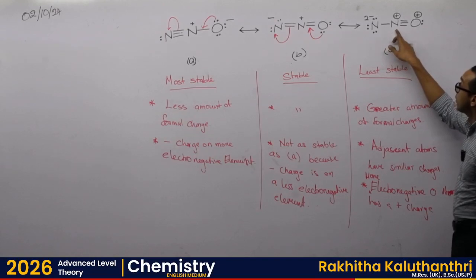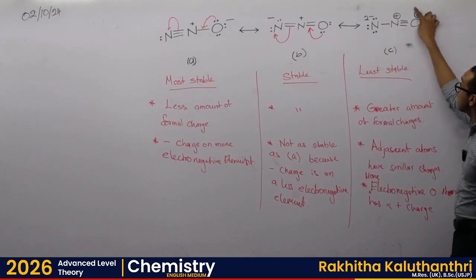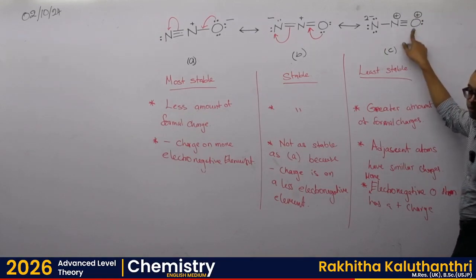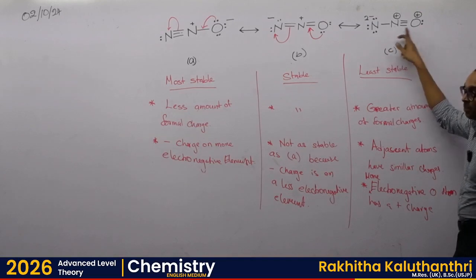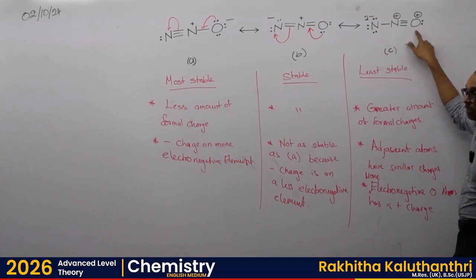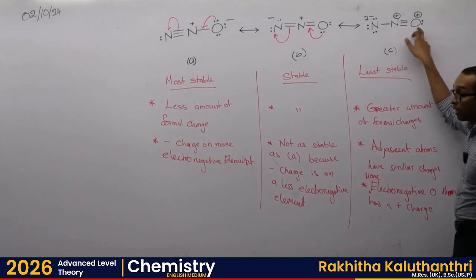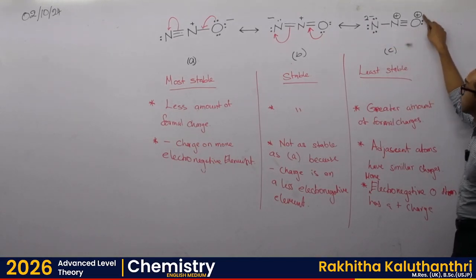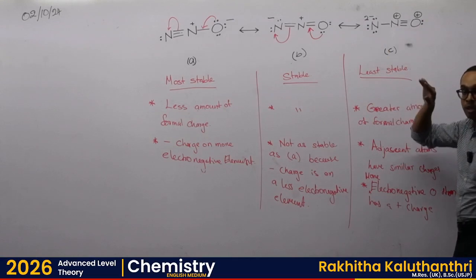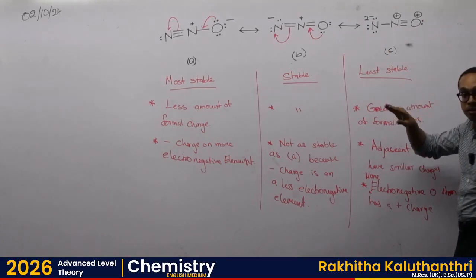So apart from that, oxygen is a very electronegative element, the second most electronegative in the entire periodic table. We always compare, and this one is less electronegative here compared to oxygen. So the more electronegative element, oxygen, has a positive charge, which is extremely not stable, right?